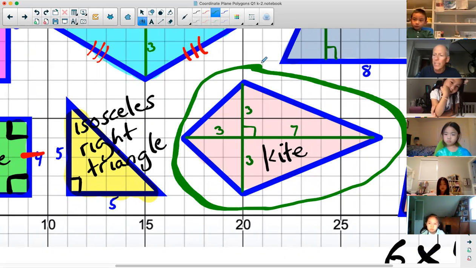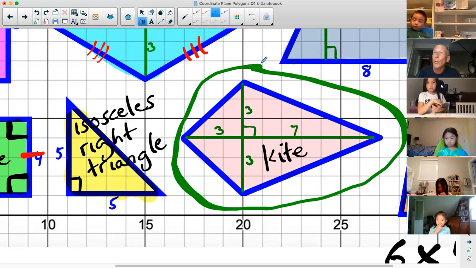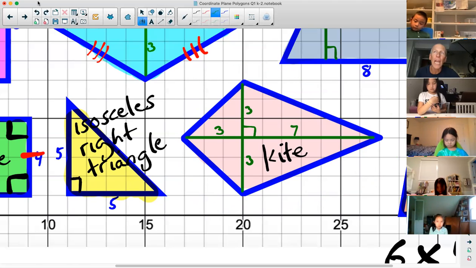Have you ever seen a kite fly? I have a kite in my car. Mr. Kramer was flying a kite today and I was using it to go surfing. So my kite was the energy that allowed me to go along the water and fly in the air. So kites are my favorite shape.